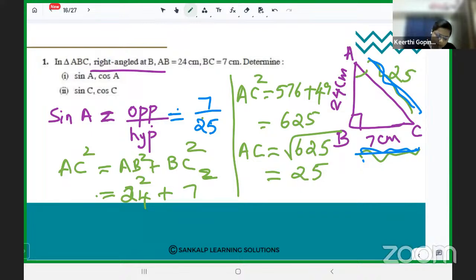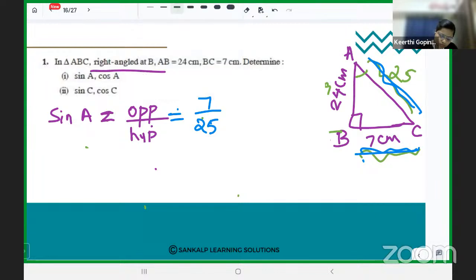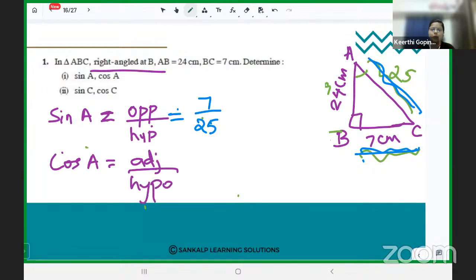Okay. Now we have to find out cos A. Cos A is equal to adjacent by hypotenuse, right? So what is the adjacent side here with respect to angle A?